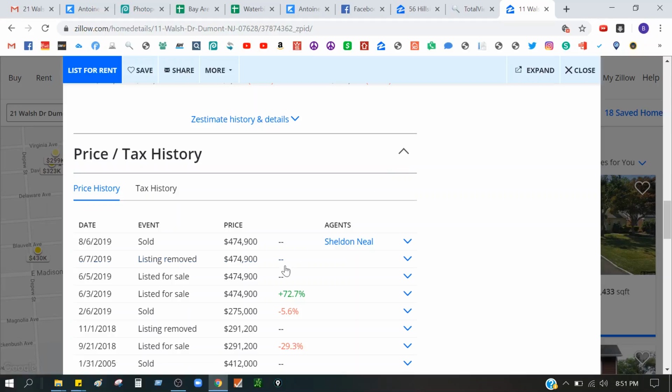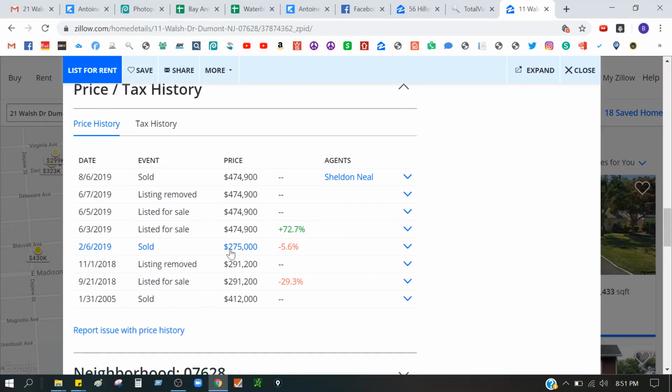Okay, so if we look at the price history, they bought it for $275,000, and then they sold it for $474,000. So that's what happened. I was offering, I think I offered her somewhere around there, because we bought the other property for around $260,000.